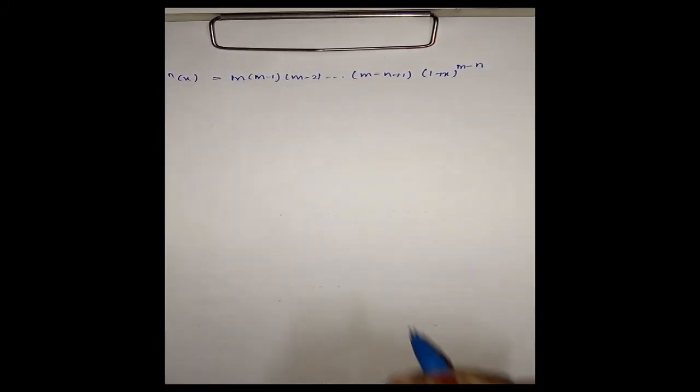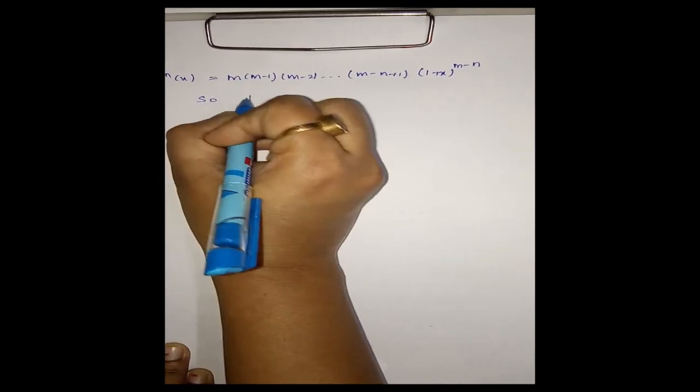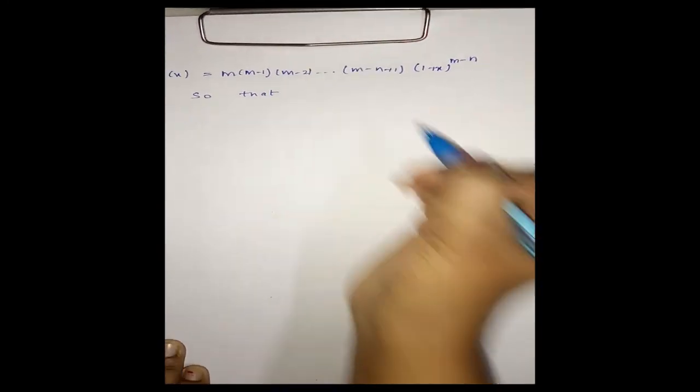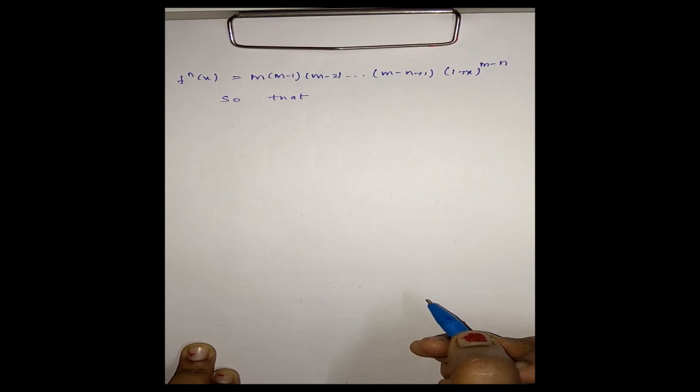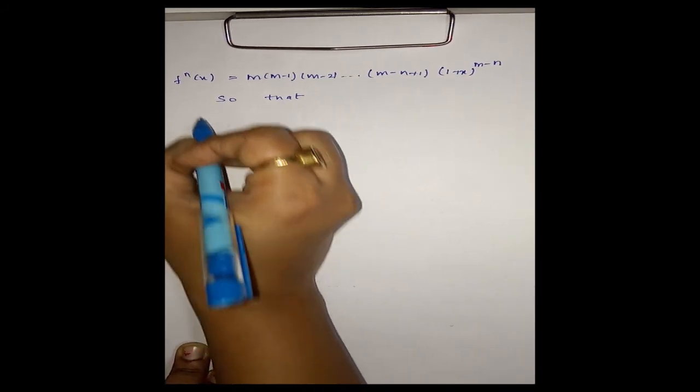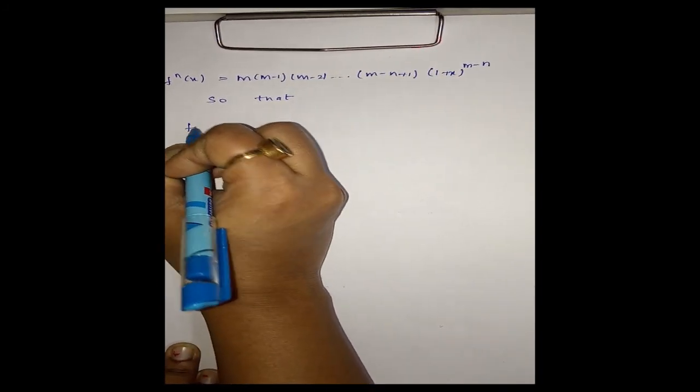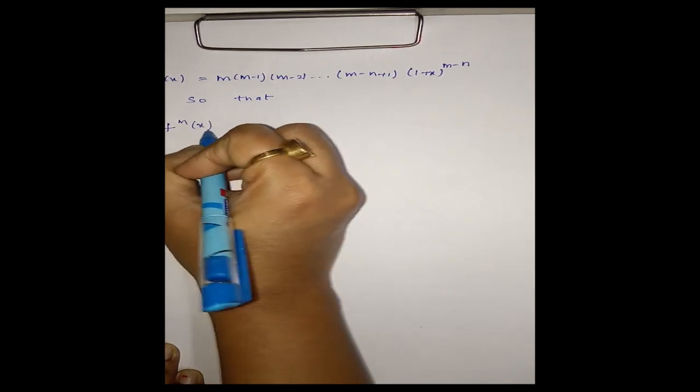Okay, so this is the nth derivative of (1 + x)^m.